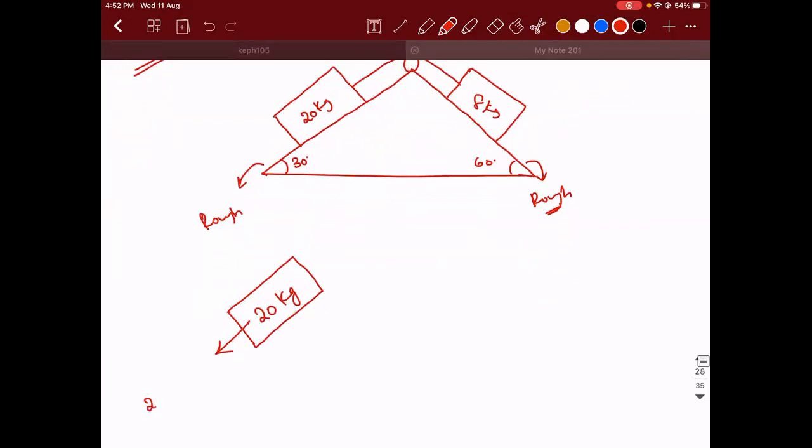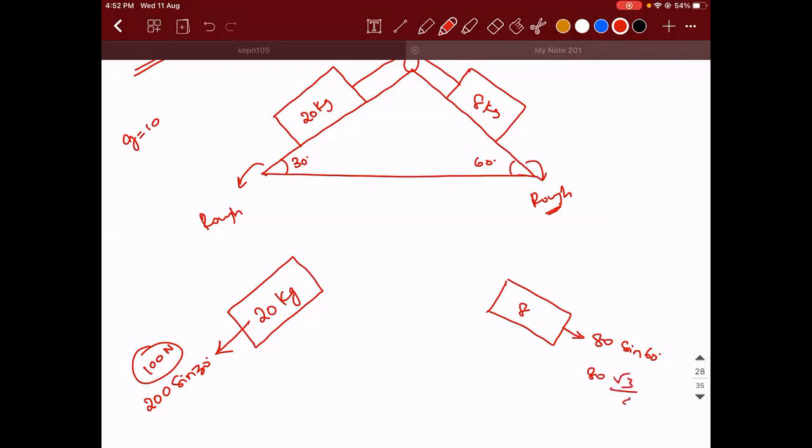I'll take g as 10 only. Mg is 200 into sine 30 degrees. So can I say this is 100 Newton? Similarly, if I take this 8 kilogram block, what is the force acting on this side? 80 into sine 60, that will be 80 into root 3 by 2.